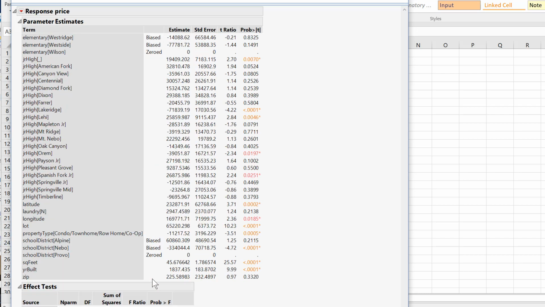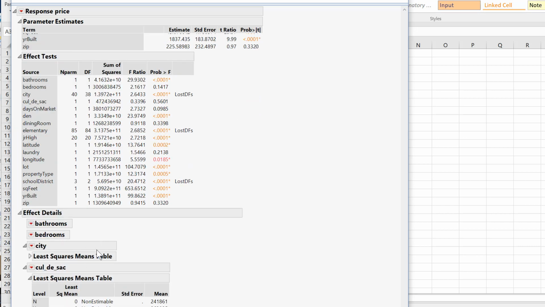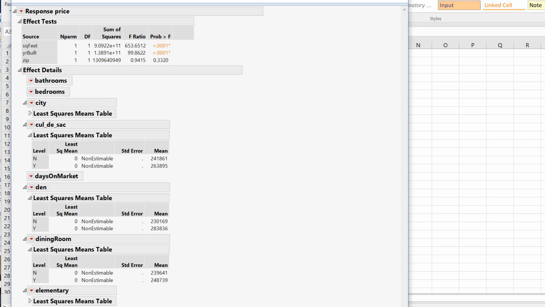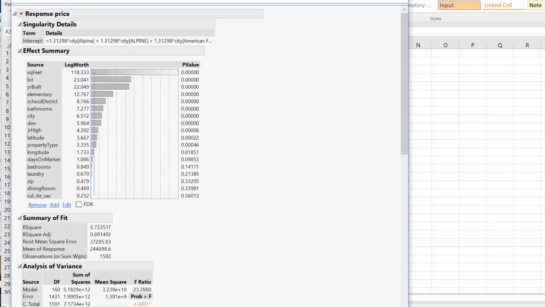Further down, it looked at things it could figure out pretty well and did those. But then there are a bunch of things that it just couldn't do: non-estimatable, non-estimatable. So it gave me what it could, but it figured out that there are some serious problems of dependencies between the data. And so that's a problem.